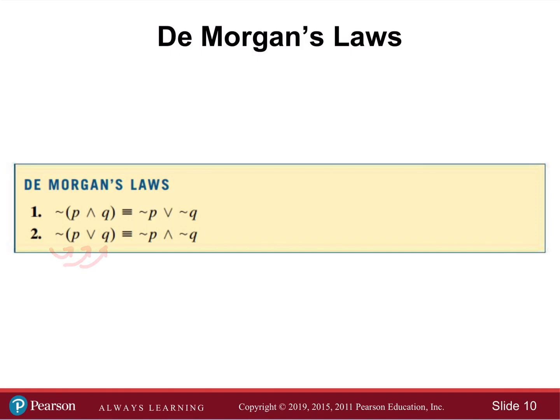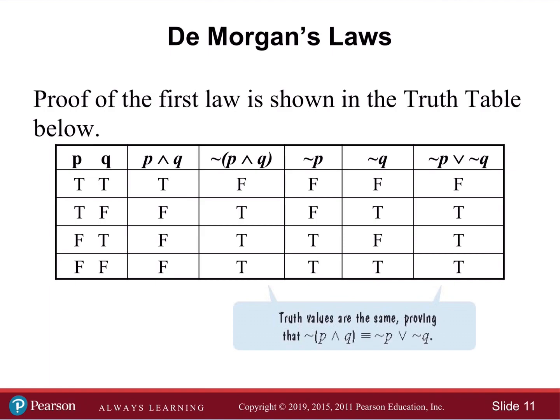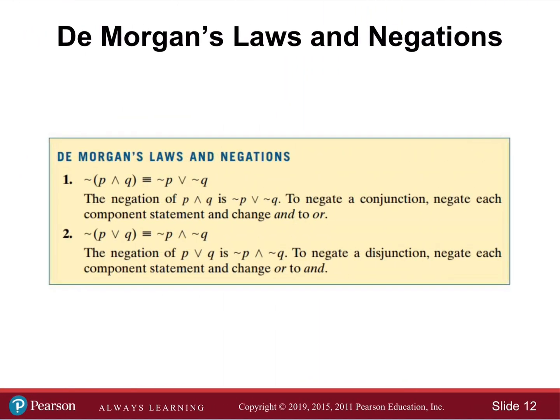So proof of the first law is shown in the truth table. The negation of P and Q, and if everything flips, notice that they have the same truth value in the final truth column. You can pause it and work it out to verify.